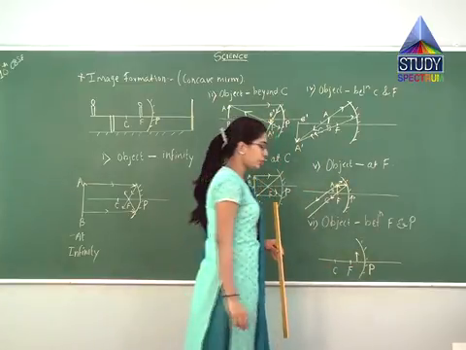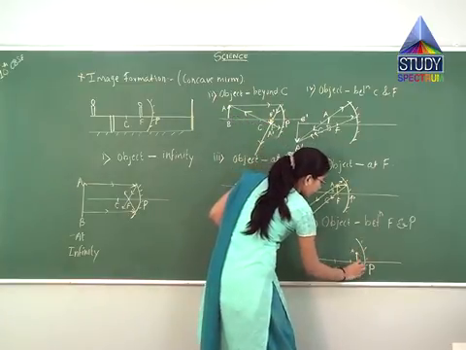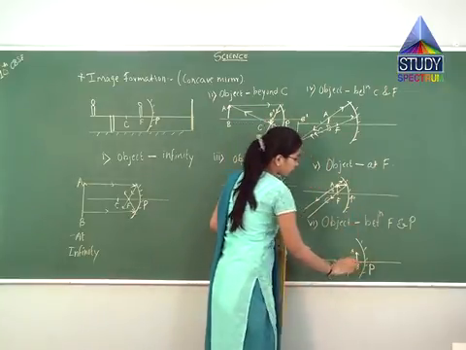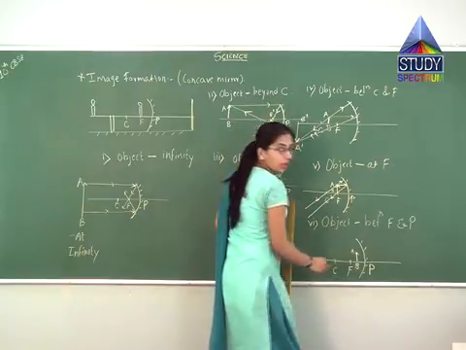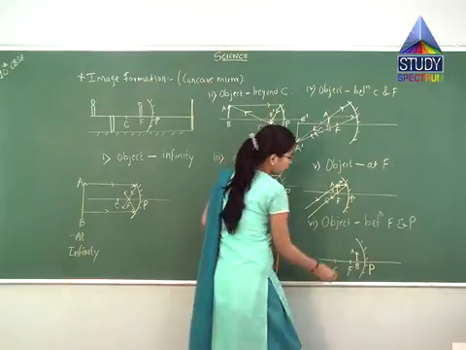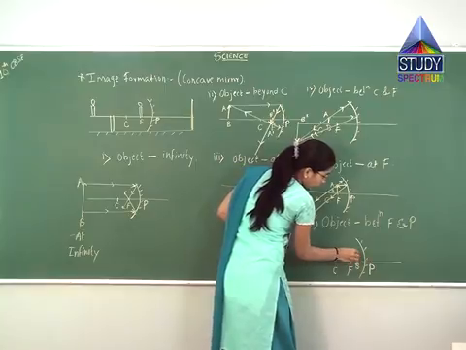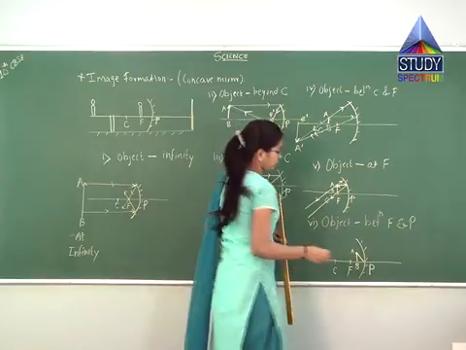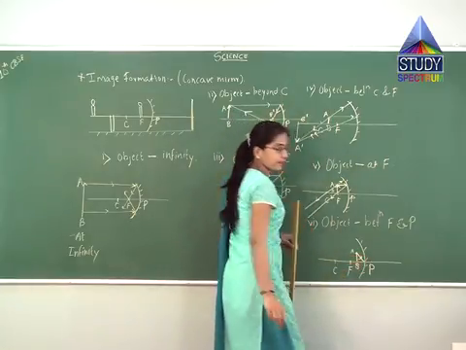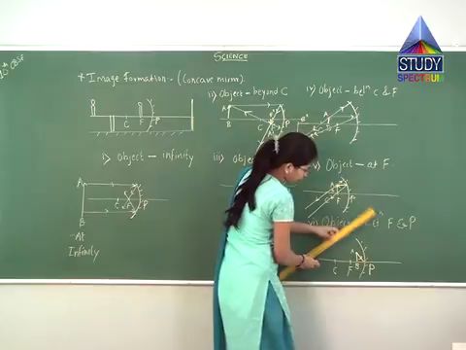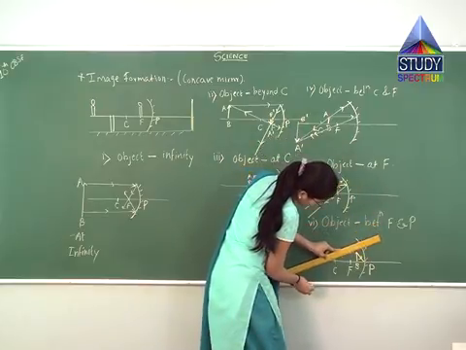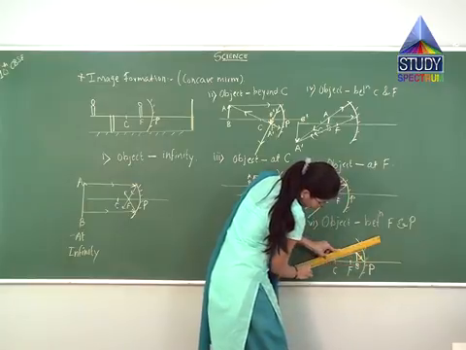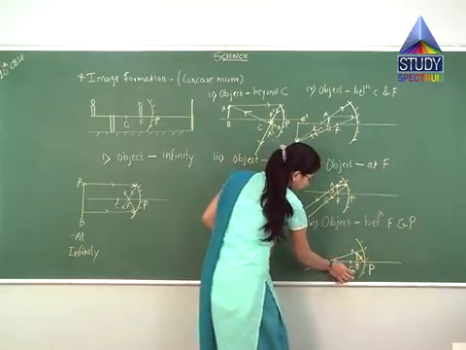Now this is my object between pole and focus. So here you can say one ray will be incident at the pole like this, and another ray will again pass through the center of curvature like this.